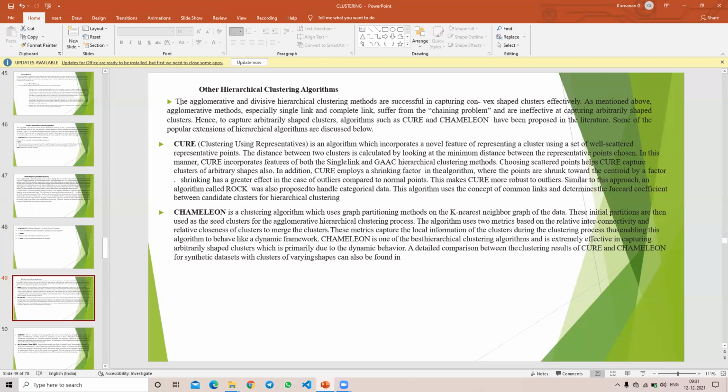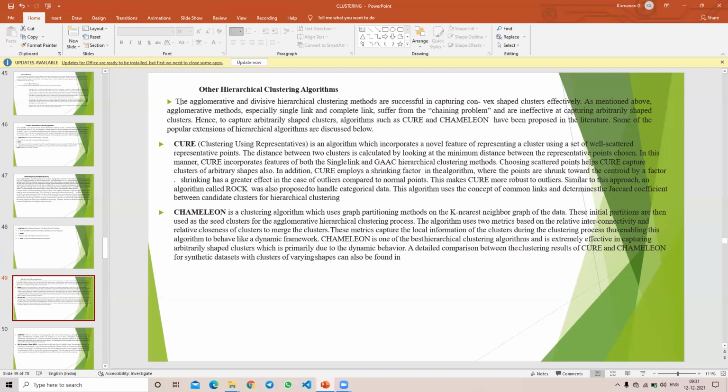Some of the popular extensions of hierarchical algorithms are here. CURE, clustering using representatives, is an algorithm which incorporates a novel feature of representing a cluster using a set of well-scattered representative points.